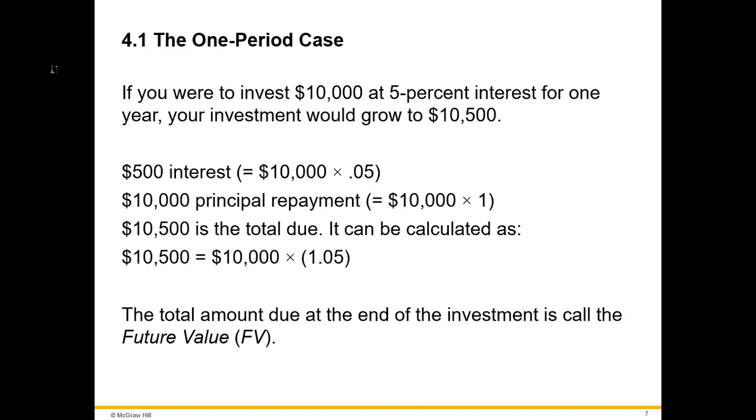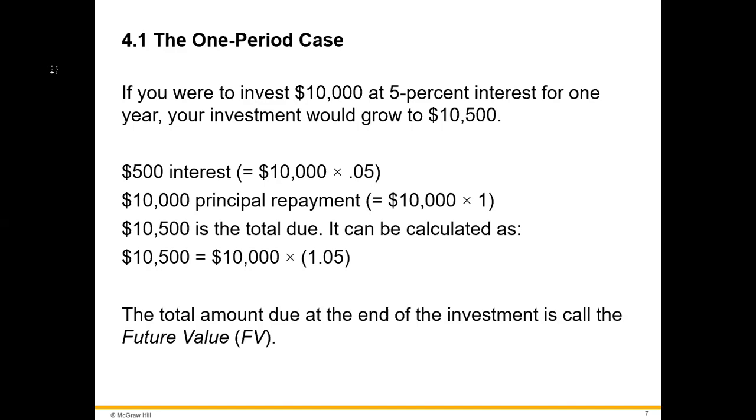So what this formula calculation is doing is showing you, okay, today you have 10,000 present value. What will you have in the future? You will have that 10,000 times that 10,000, which is 100%, plus 5%.